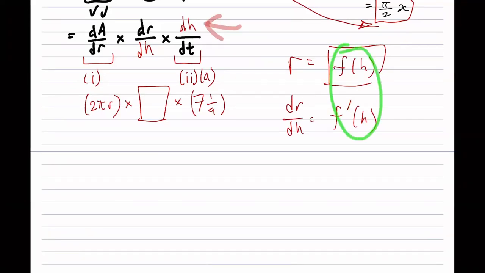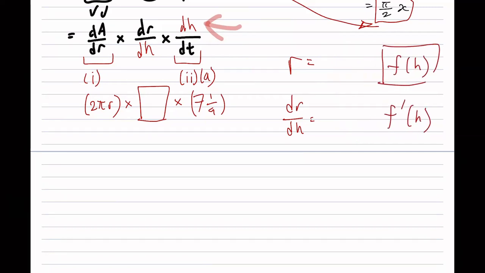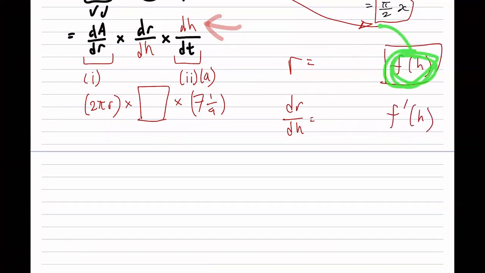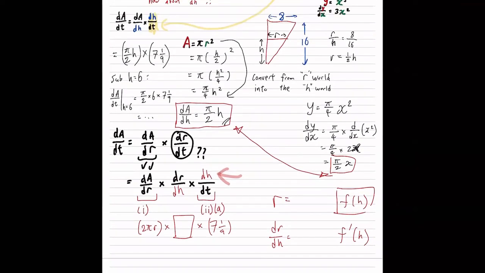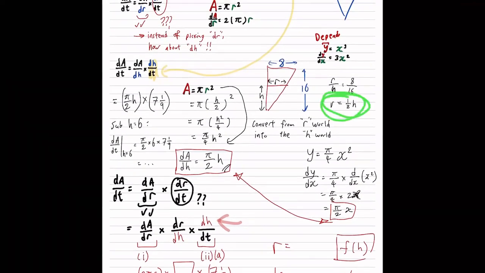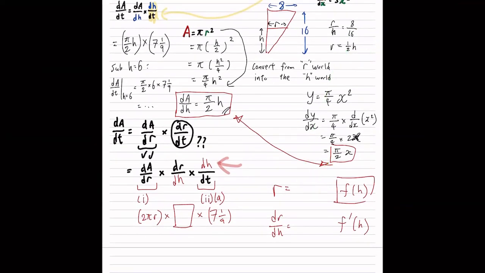The notation is not important. More importantly is to know that you need an expression in terms of H. Do we have a formula for R in terms of H? Yes, right over here. You can see I got half H, remember? Yes, very good. So we can use that over here, half H. Then what's dr over dH?